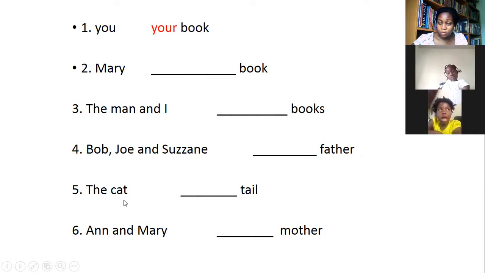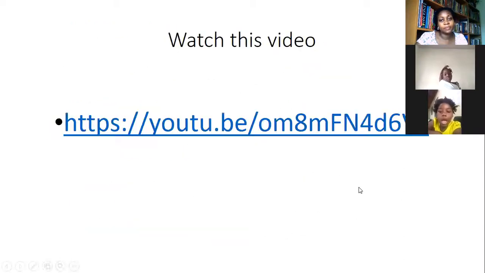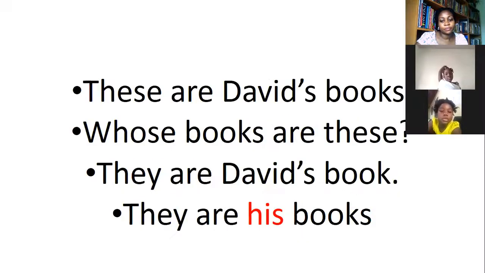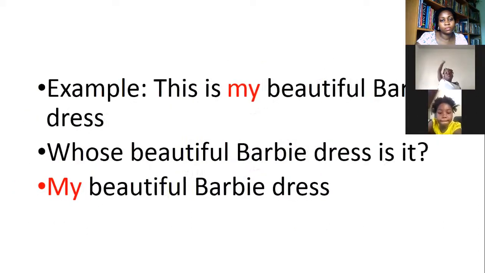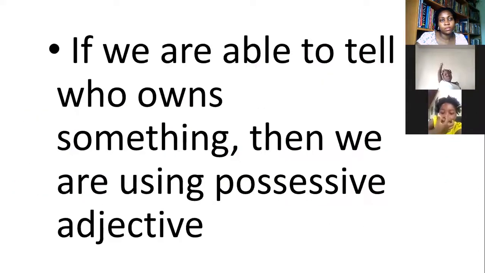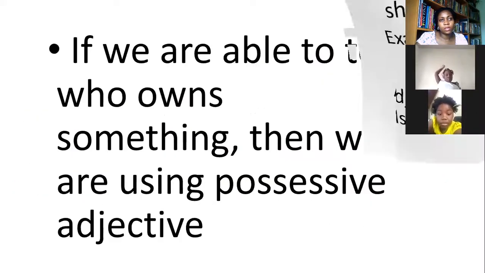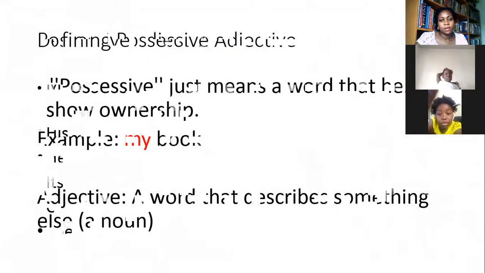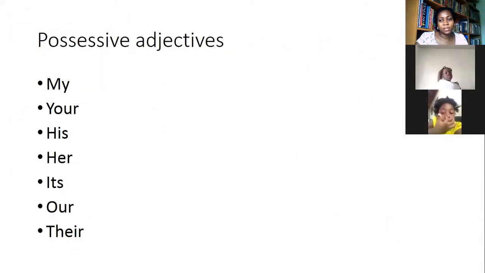Jolly, I want you to give it a try. We said the possessive adjectives... Let me take you back. We said the possessive adjectives are what? This is a revision topic.